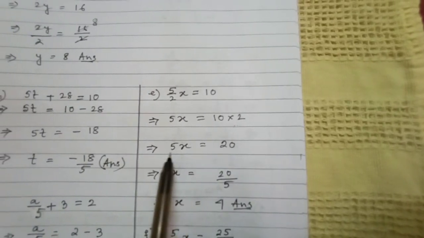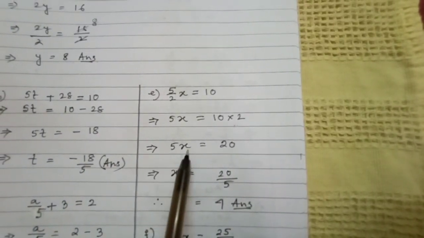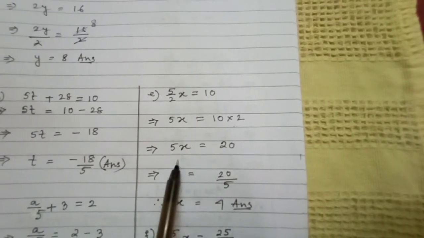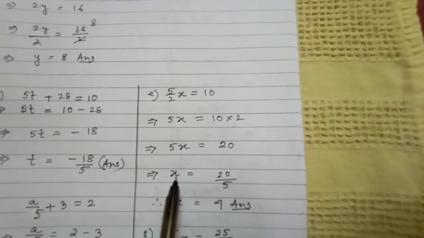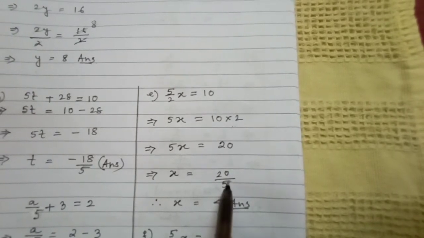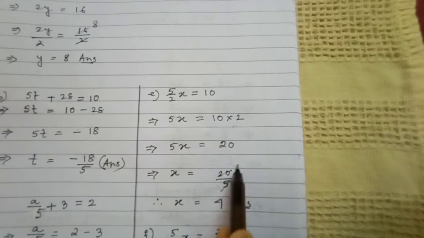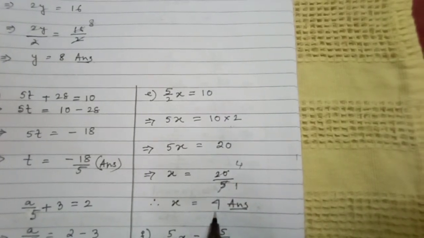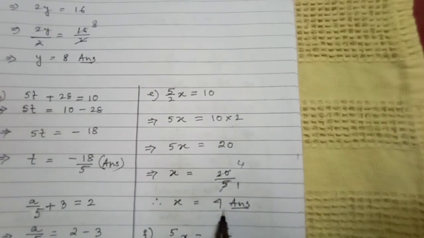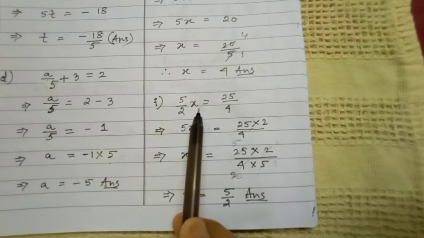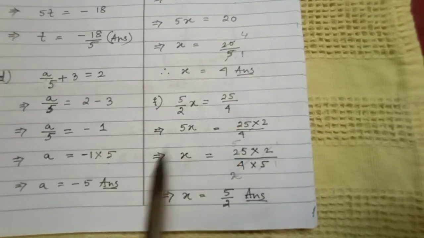Now see, we want to remove 5 from here. So we will be left with x, and 5 was multiplied here, so we need to divide both sides. x is equal to 20 by 5. What is the result? If you cancel, 5 1s are 5, 5 4s are 20. x is equal to 4. Answer is 4.